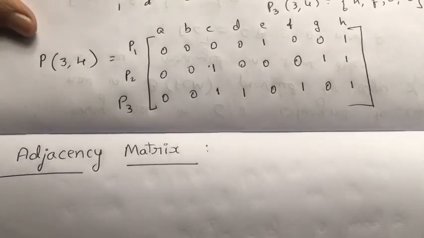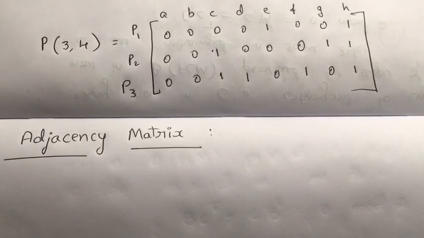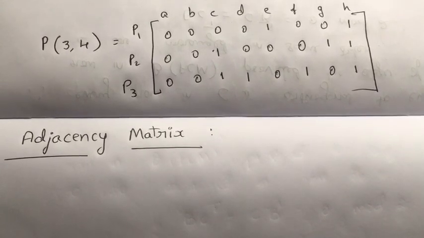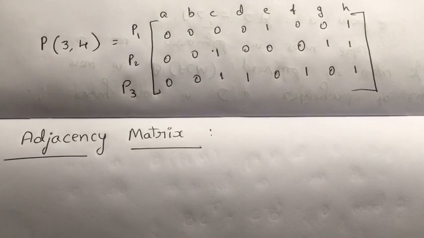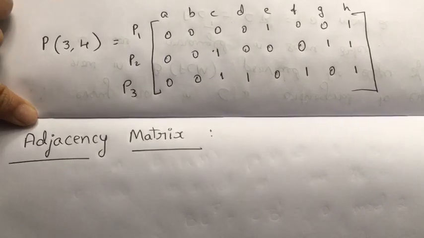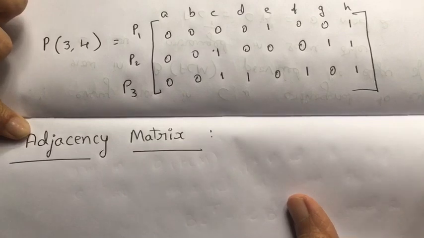Next is one more type of matrix, in fact an alternative way to write the incidence matrix, that is adjacency matrix. This is sometimes more convenient to represent a graph by using this adjacency matrix, or we say connection matrix.